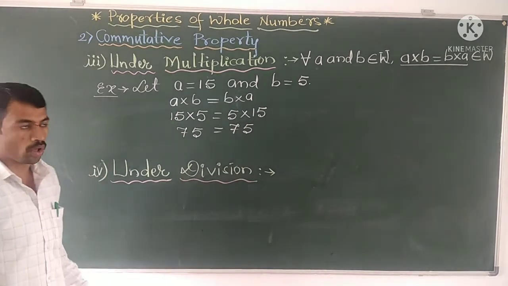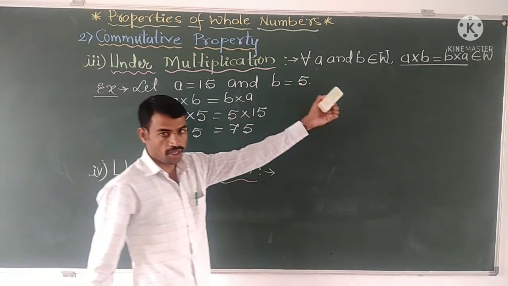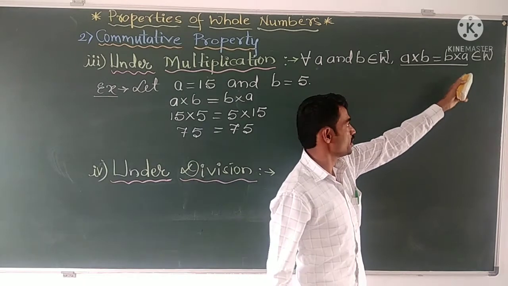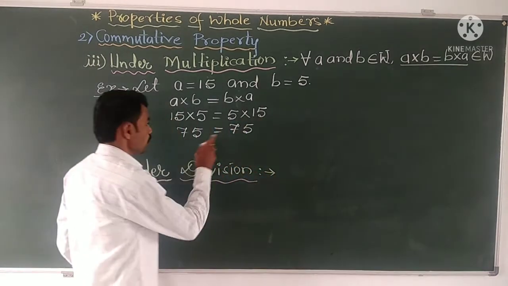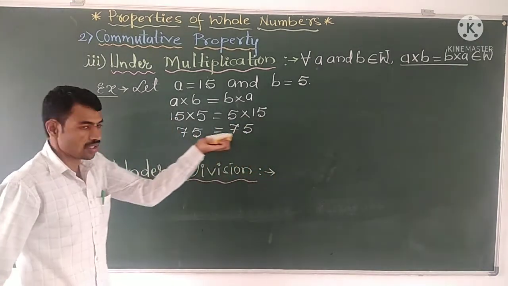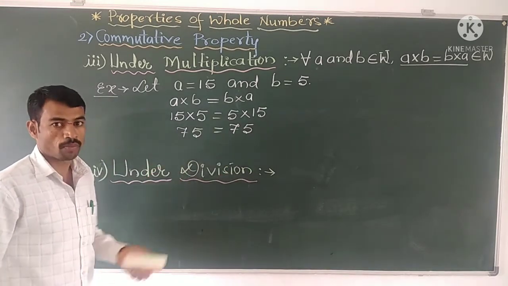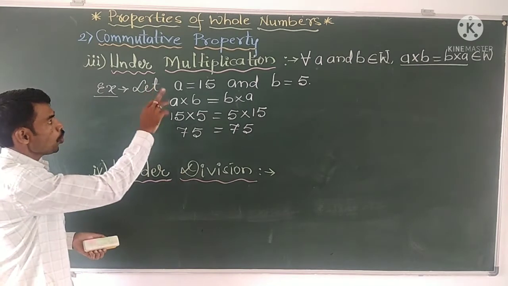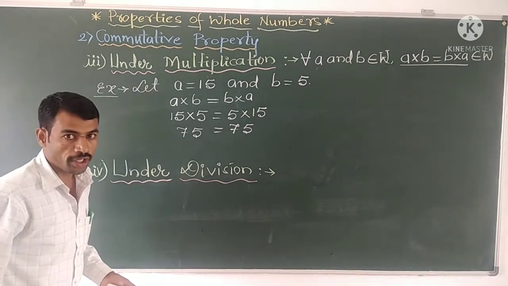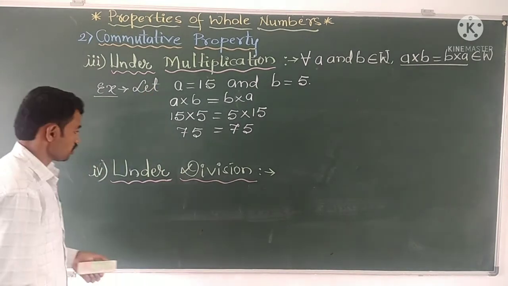For every whole numbers A and B, A into B equals B into A. So both the values are the same. LHS equals RHS. By this we come to know that whole numbers are commutative under multiplication.